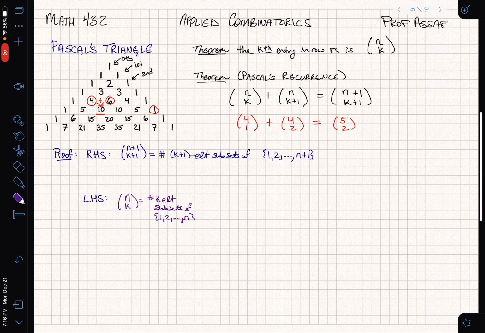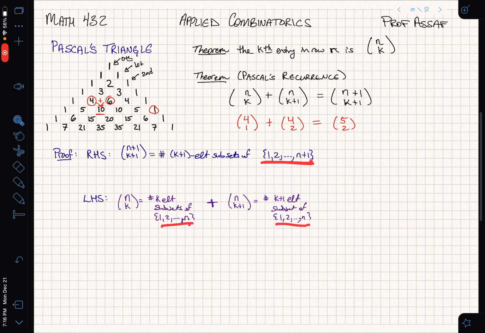And then we're adding to this amount n choose k plus 1, which is the number of k plus 1 element subsets of the numbers 1 up to n. So what you can do if you want to come up with a combinatorial proof is write down what these things mean, write down all your ingredients and then think about how they relate.